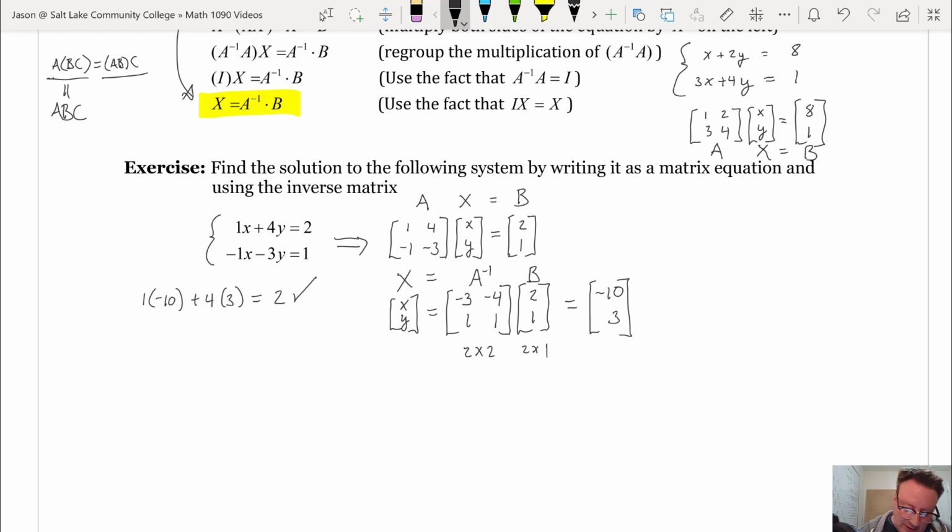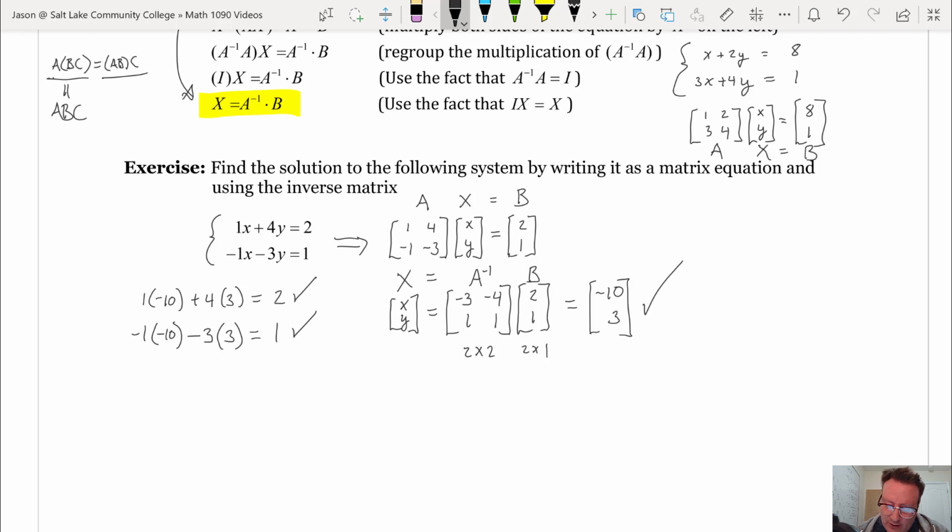Okay, let's plug these values into the second equation of our system. We have -1 times -10 minus 3 times 3. -1 times -10 is 10. 10 minus 9 is 1. Yes. Okay, so this is indeed correct.